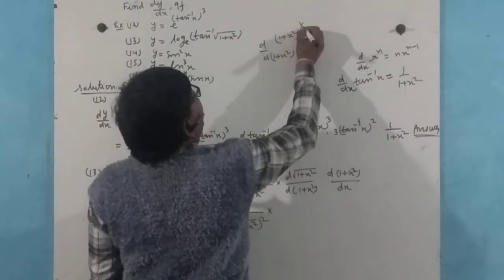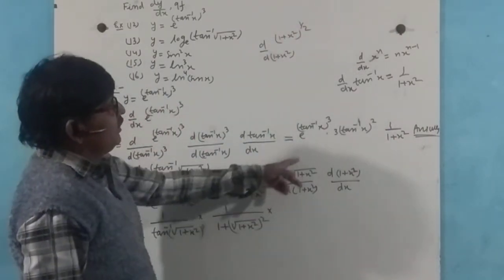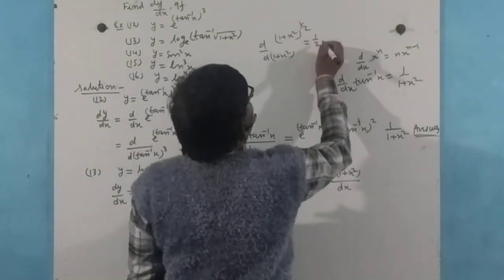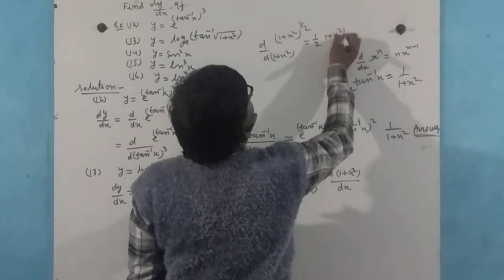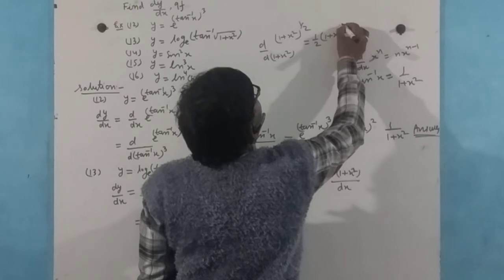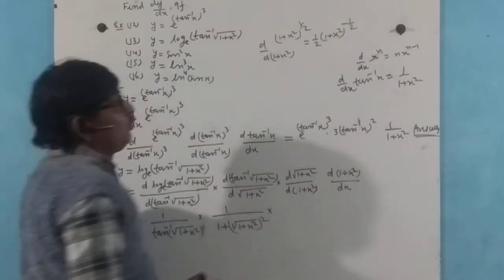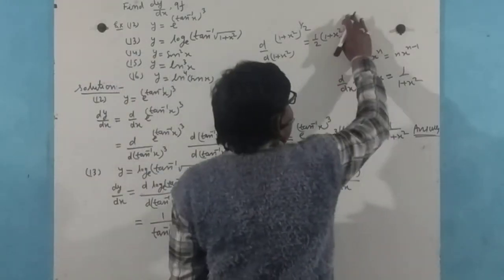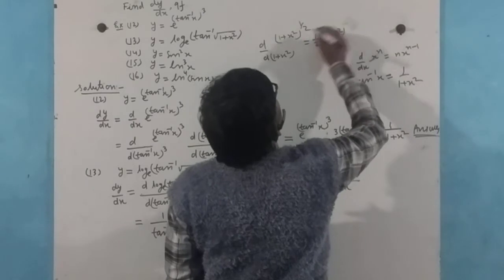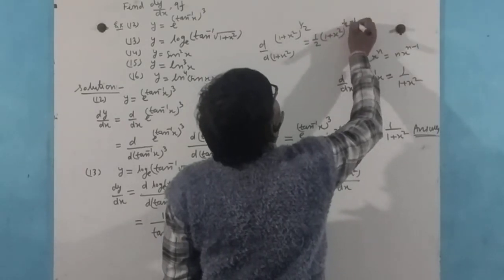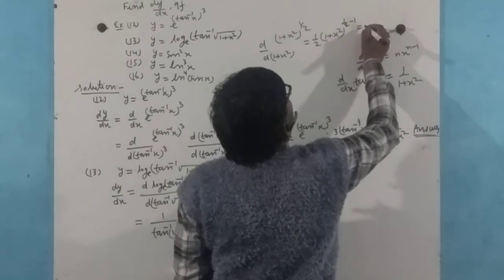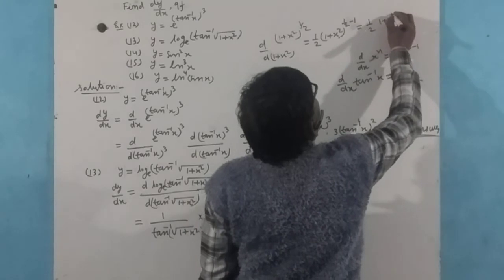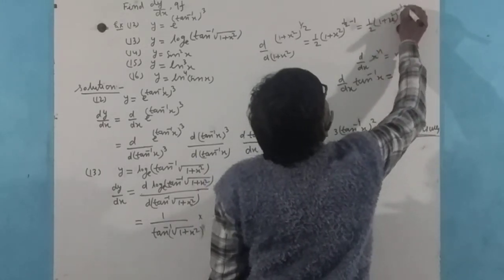Here in this case, this comes with respect to this n x^(n-1), and 1 by 2 (1 plus x square) to the power minus half. This is equal to n minus 1, and 1 by 2 minus 1. This is also equal to 1 by 2 (1 plus x square) to the power minus half.